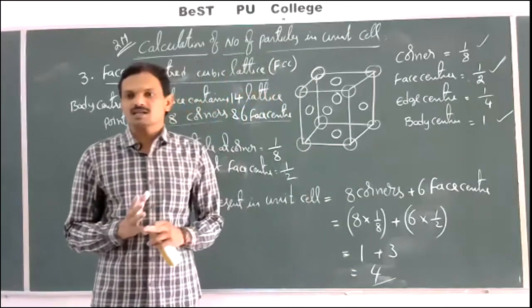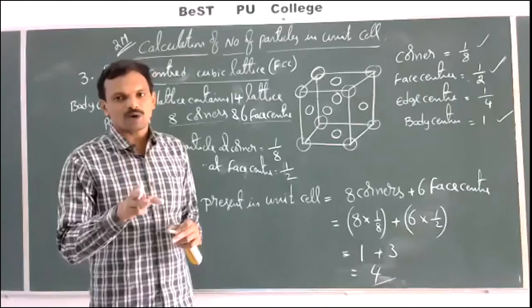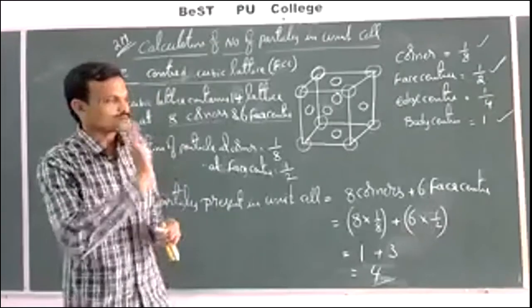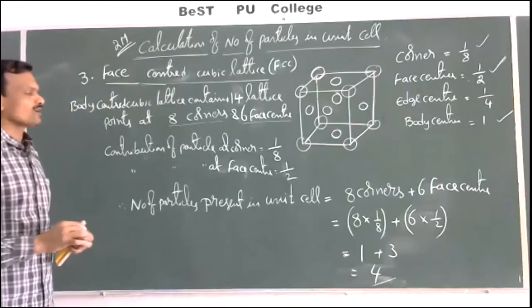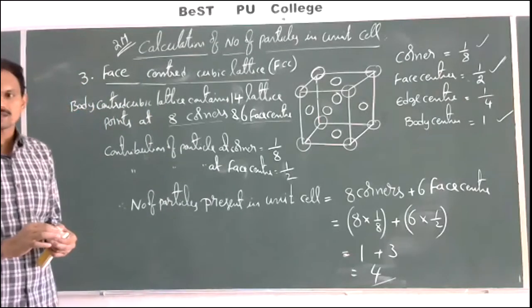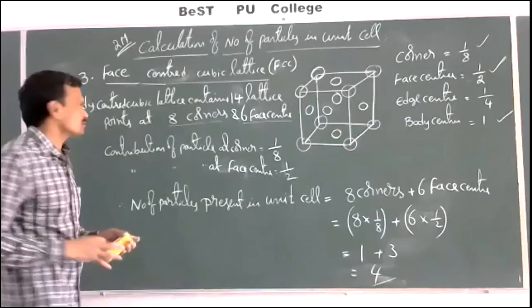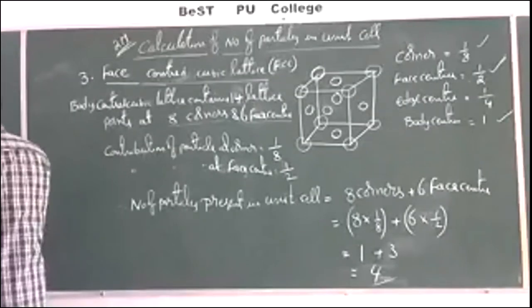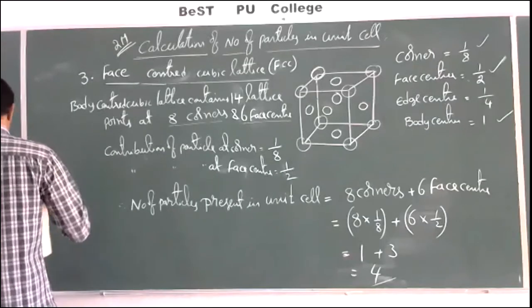Face centered cubic lattice contains 14 lattice points and the number of particles present in unit cell is 4. So this is regarding calculation of number of particles present in the unit cell. Next. So this is a very important one.